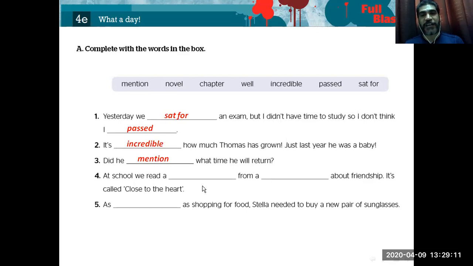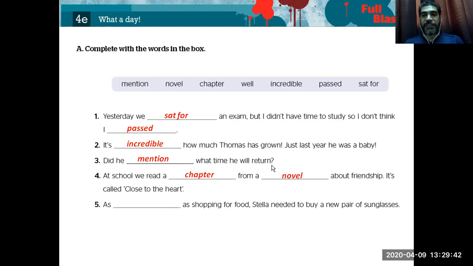No, before chapter. Let me see. Okay, you are right, chapter. From a, this one, novel. Novel, okay. Thank you, Muhammad.